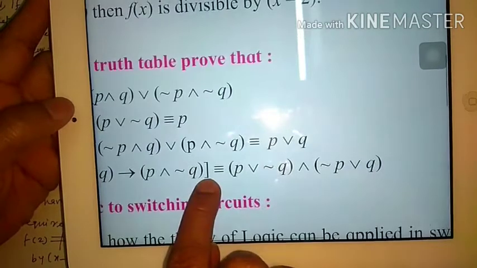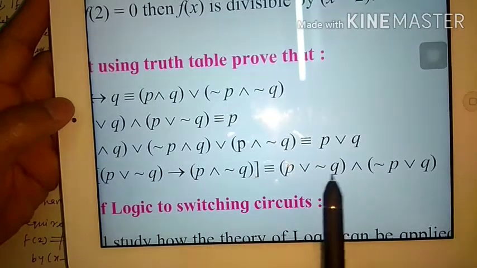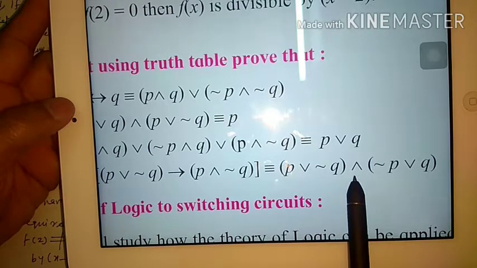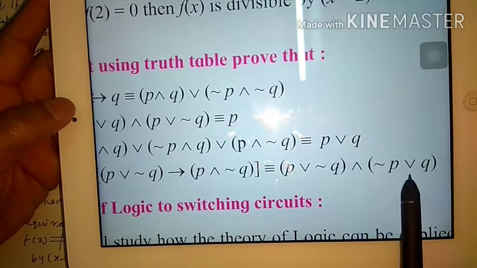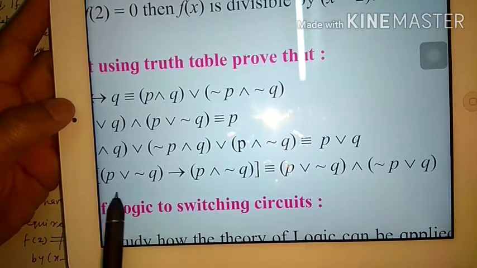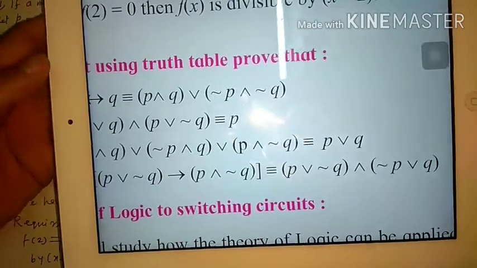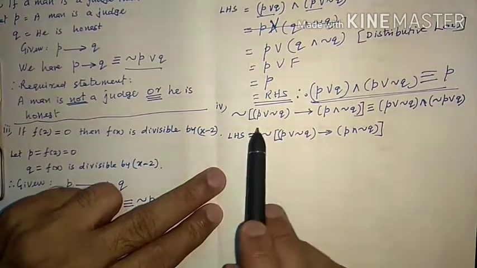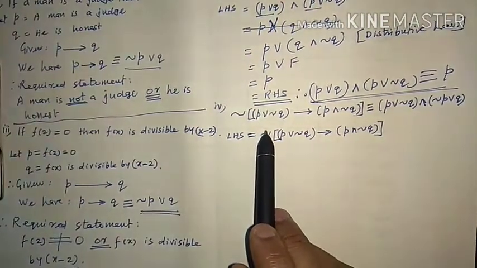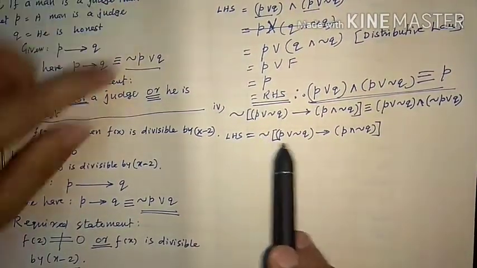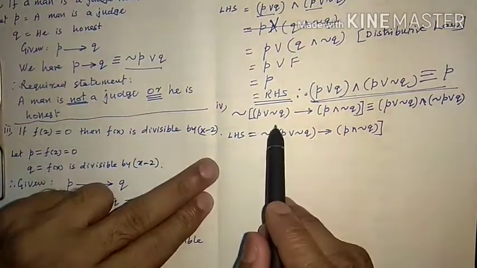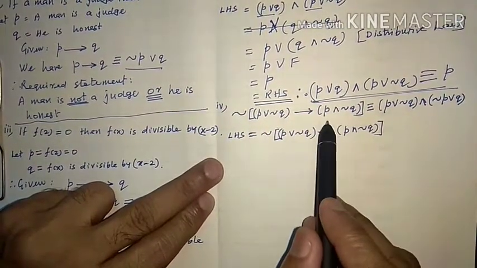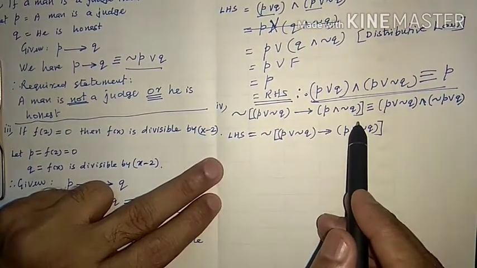That is equivalent to P disjunction negation Q conjunction negation P disjunction Q. We start from here and reach this. That way we complete it.